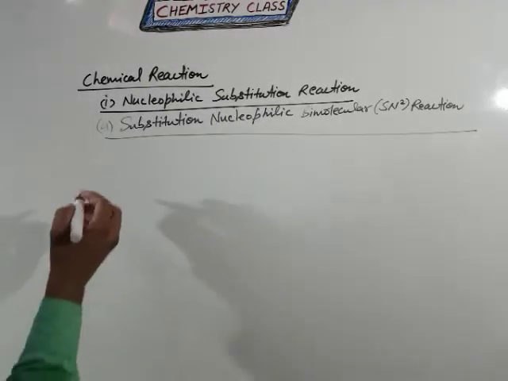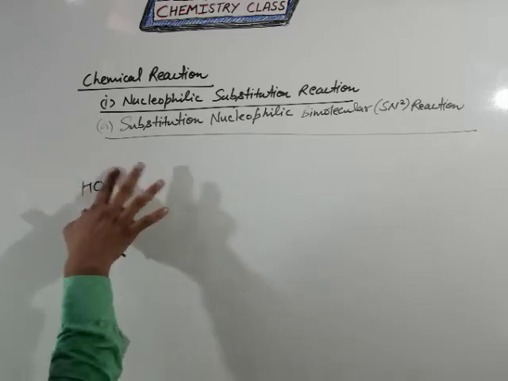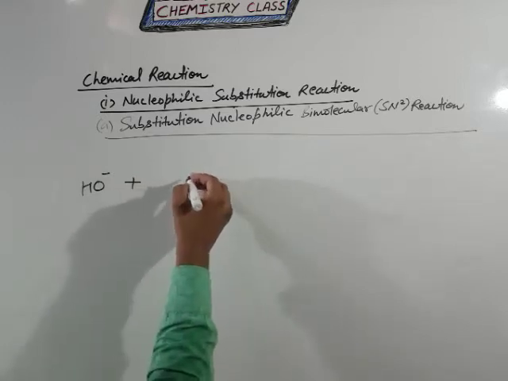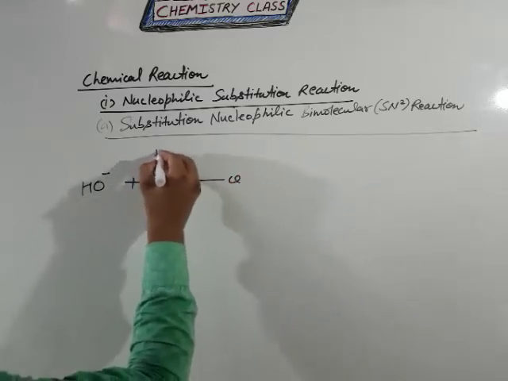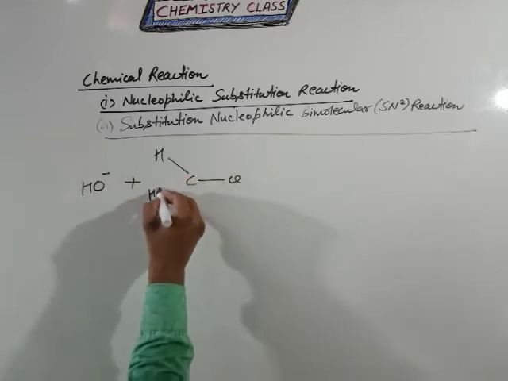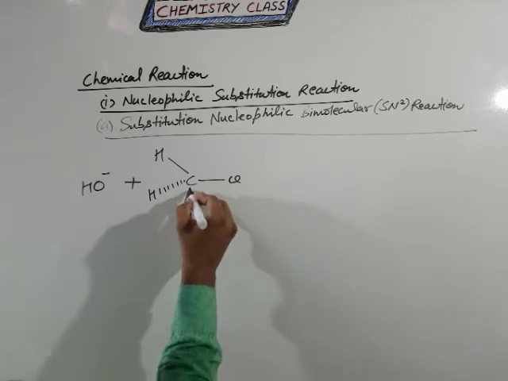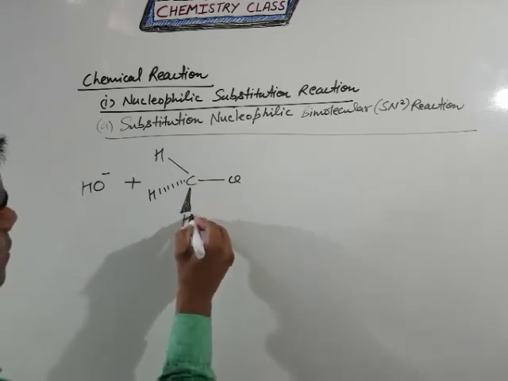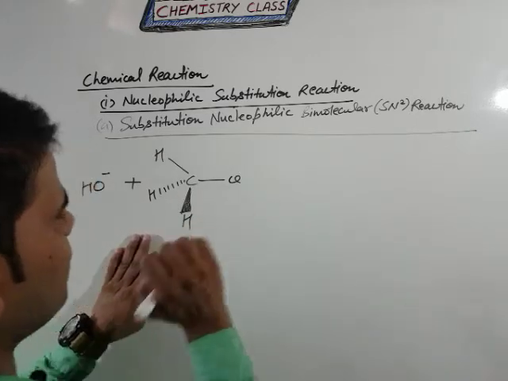Let us take an example where the nucleophile is OH negative, and the substrate is C single bond Cl, single bond H, and another H. That means you can see the example of CH3Cl. This is the 3D structure of methyl chloride.